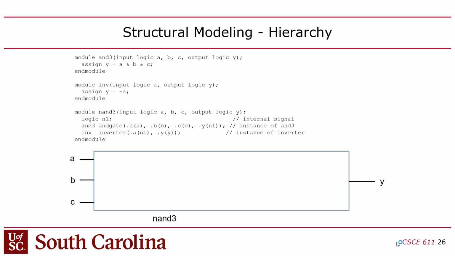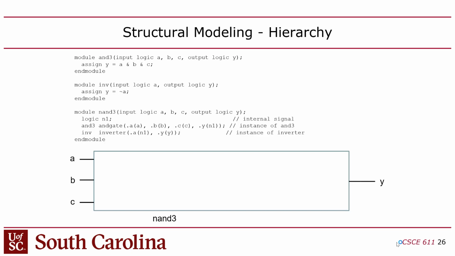Okay, all right, so let me show you another example of the structural code. This example is a little bit more complex. In this case, I have an AND gate, an inverter, and a NAND gate, right? And the idea is that the NAND gate is the most abstract top-level design because the NAND gate creates an AND gate and feeds the output of the AND gate to an inverter to create a NAND gate, with one internal wire called N0 that connects those two, right?